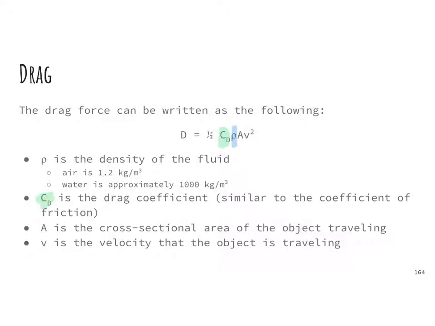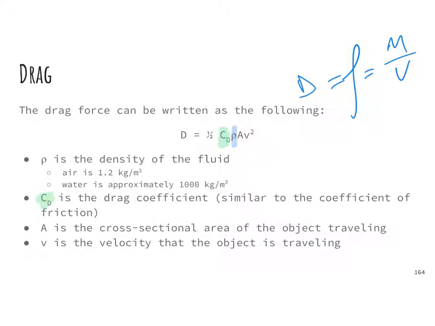Rho is density. From physical science or other science classes, you know that rho is density, which is mass over volume. In chemistry, you might just call it D for density, but it's actually rho. And so the thicker the fluid, the more drag you encounter. That makes sense, right? Because if I'm running through air versus running through water, it's a lot easier when I have a lower density fluid.